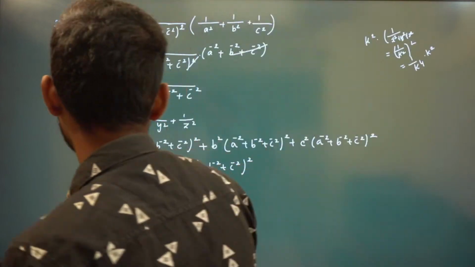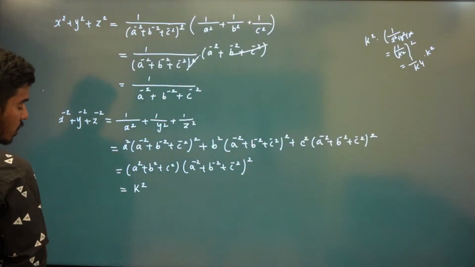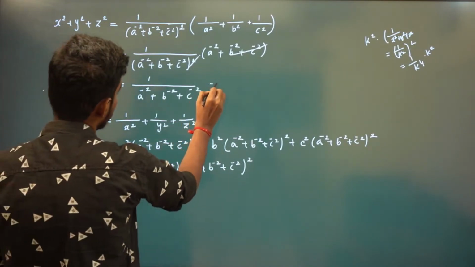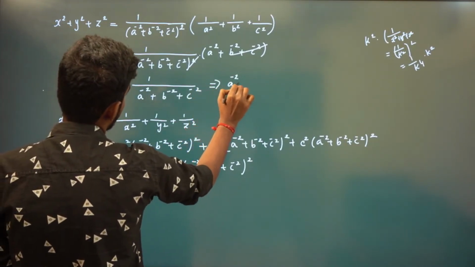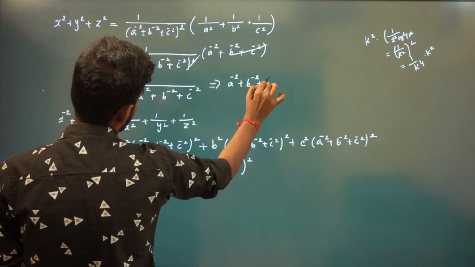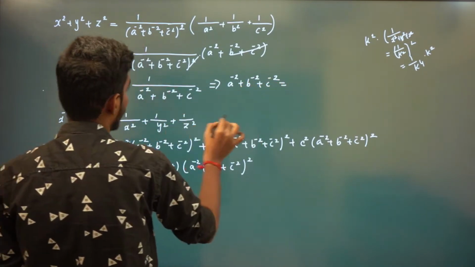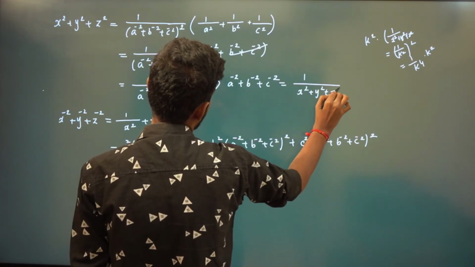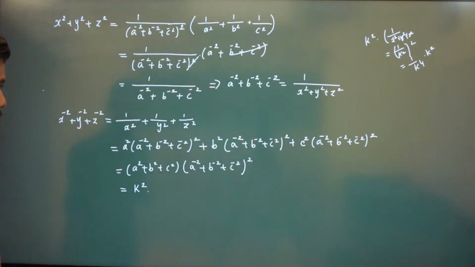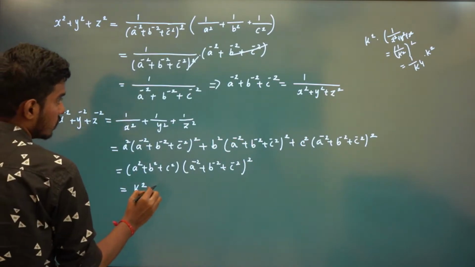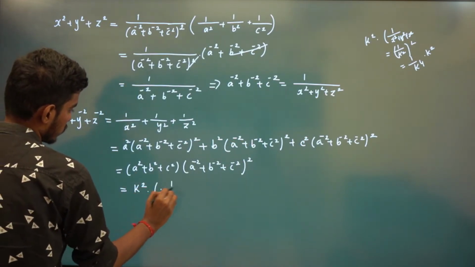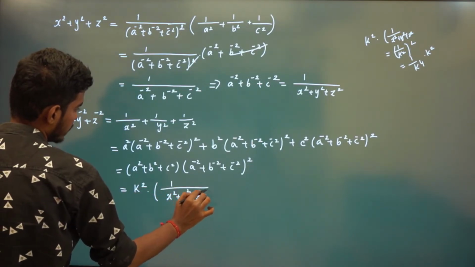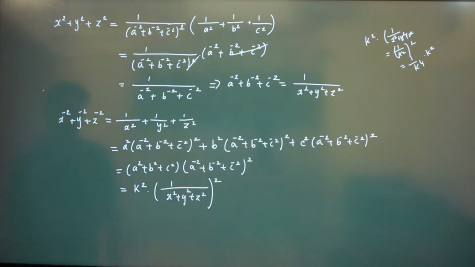So we will have a square plus b square is k square. Now a power minus 2 plus b power minus 2 plus c power minus 2 is 1 divided by x square plus y square plus z square, right? Let's try to bring the term here. So we will have 1 divided by x square plus y square plus z square whole square, right?